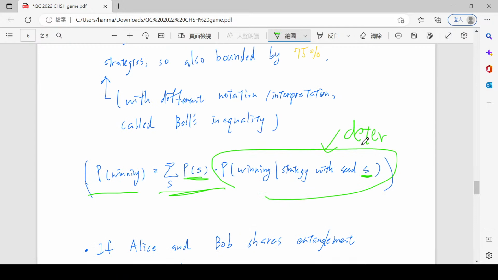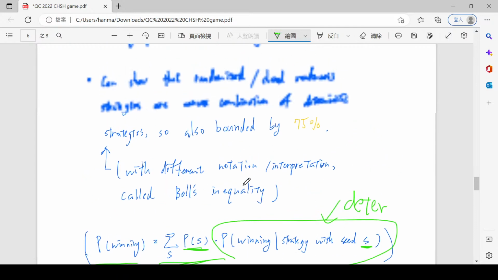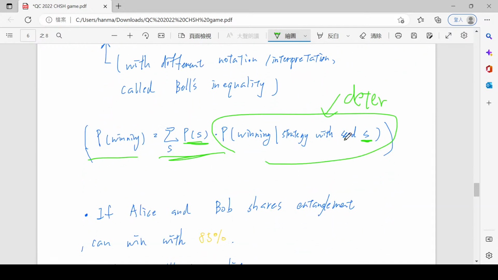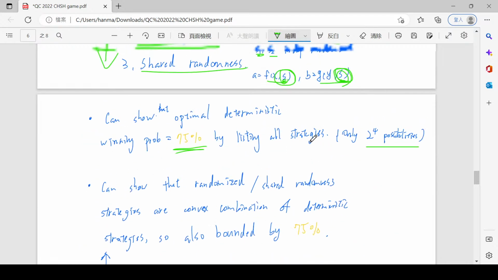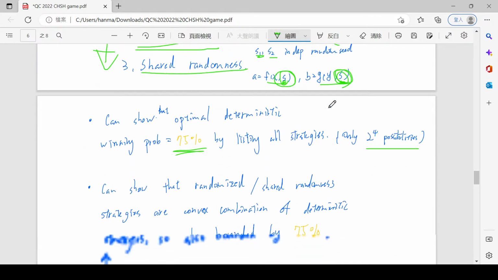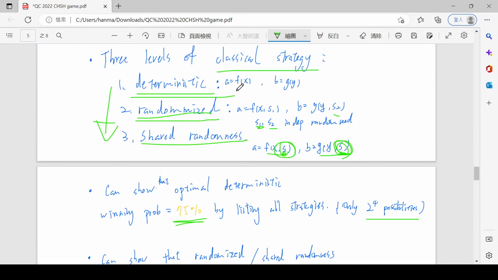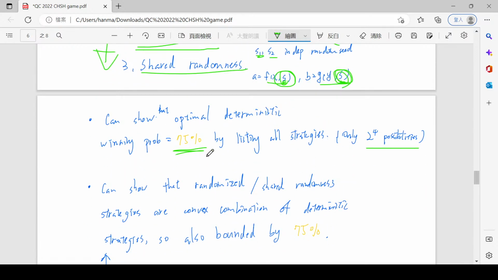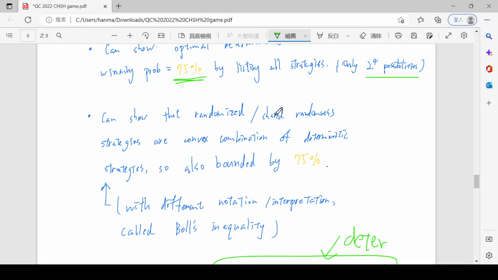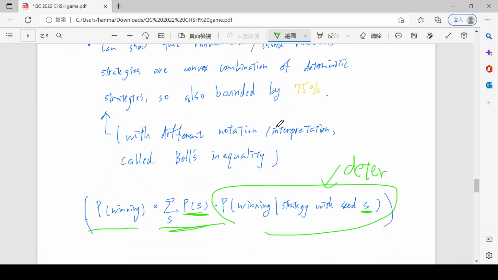And if you do a probability mixture of a whole bunch of things that are at most 75%, you are going to get something at most 75%. Okay. So shared randomness doesn't really help you. So for all three of them, the best possible thing you can do gives you a 75% winning probability. Okay. So that's the classical part. Any questions?